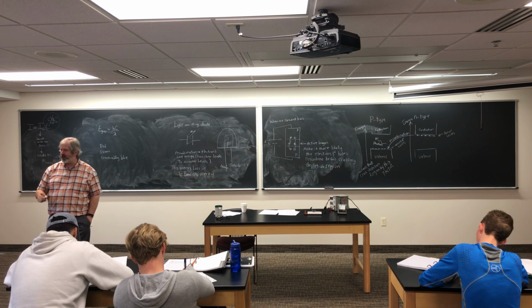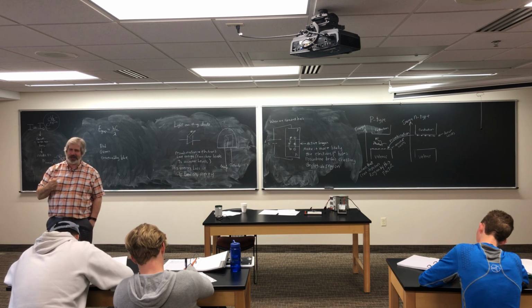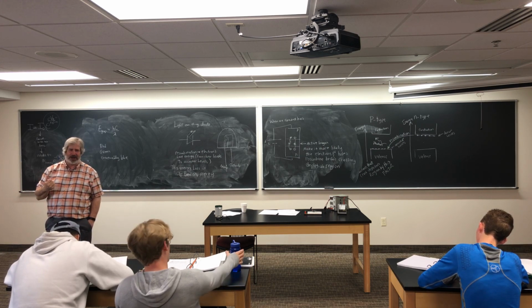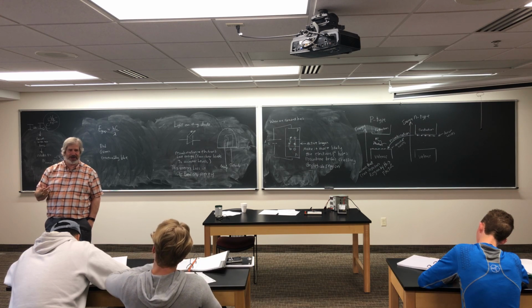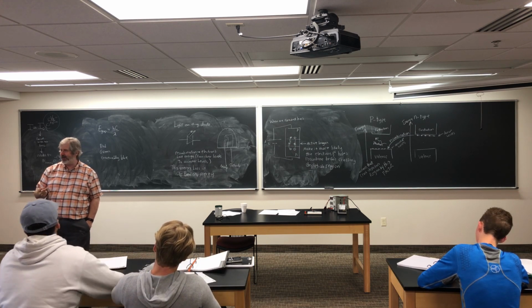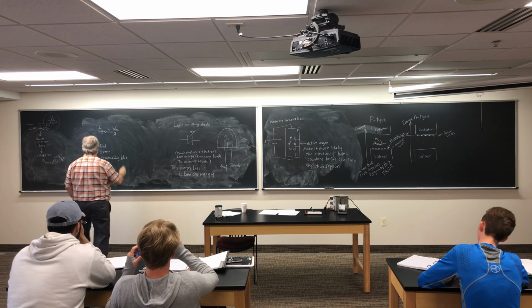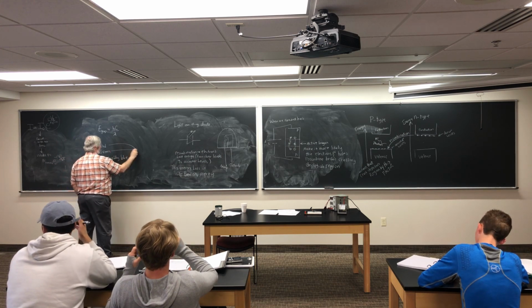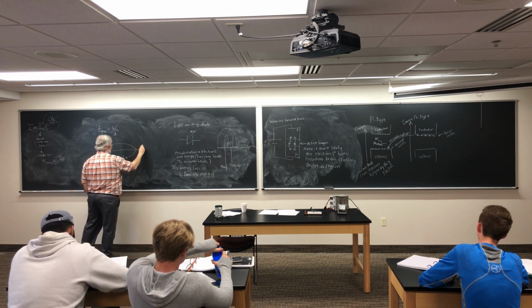Now once you can make blue, that was a game changer because you can combine blue, green, and red to make white. Okay? So you can combine those to make white.